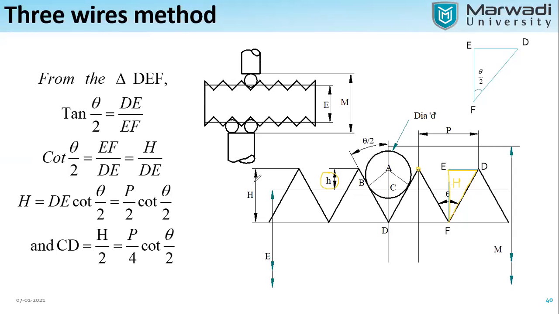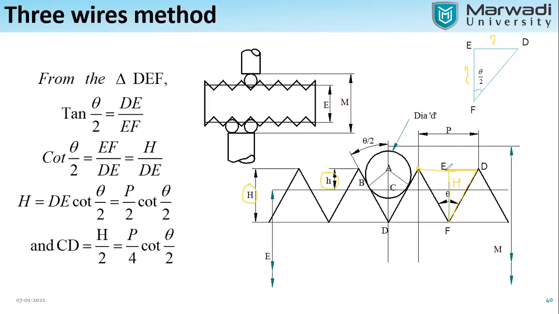If we have the answer of this capital H, we can divide it by 2 and we will get the answer of EF. So for that we have considered triangle DEF. The angle is available with us. We want the EF distance. Do we know the distance ED? What is distance ED?